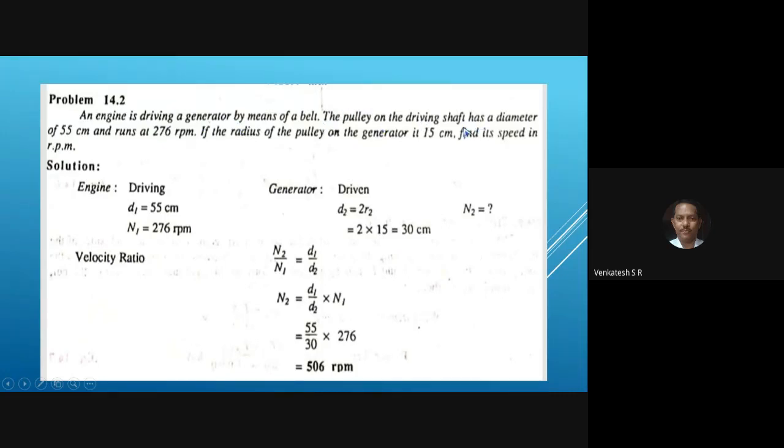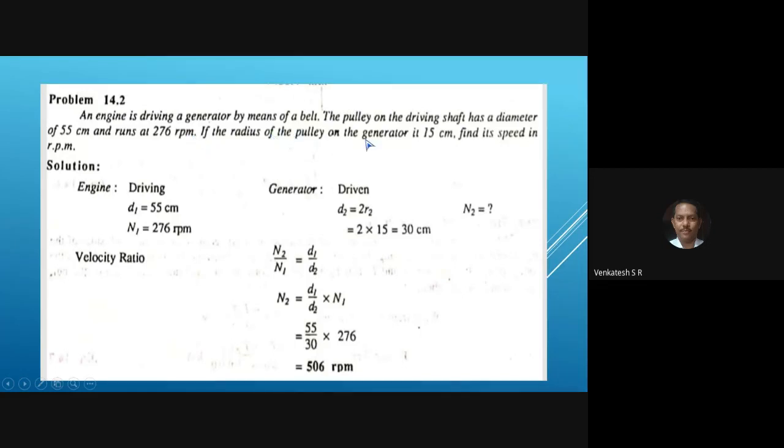The pulley on the driving shaft has a diameter of 55 centimeter and runs at 276 RPM. Please write it fast, all of you.